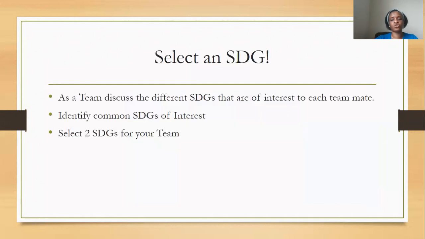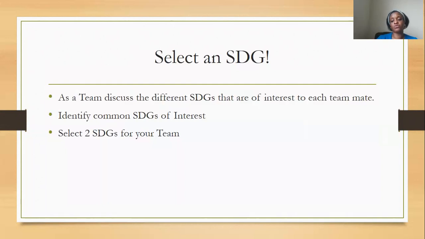So what I want you to do in your teams, and please, I'm not assessing this, I'm not going to grade this activity, but it's important because it will help you with the next task that you will be working on for your Lab 3. I'd like you in your teams, as individuals in your teams, to go through the UNSDGs, identify about 3 or 4 that you're personally interested in, that resonates with you, that you feel you'd like to work on.